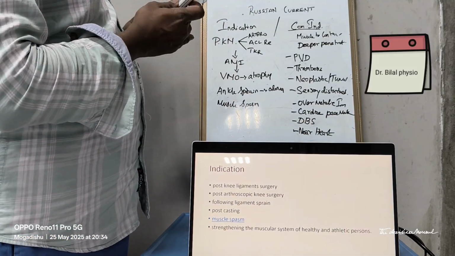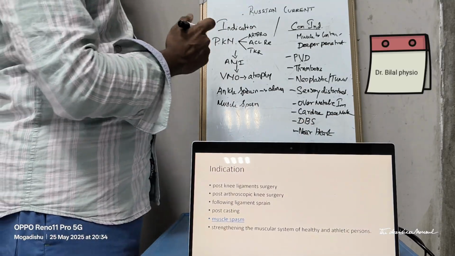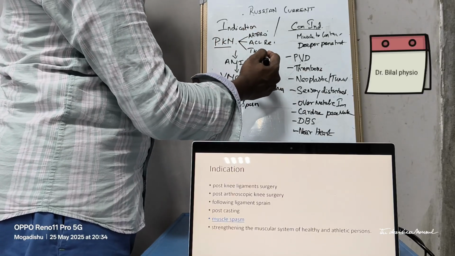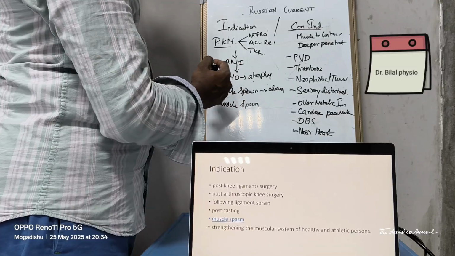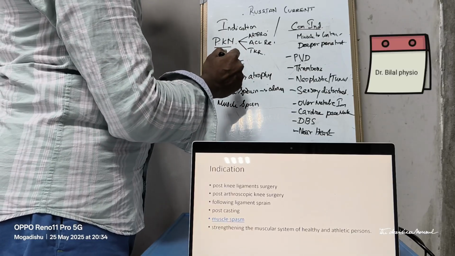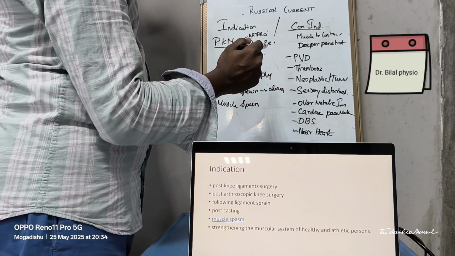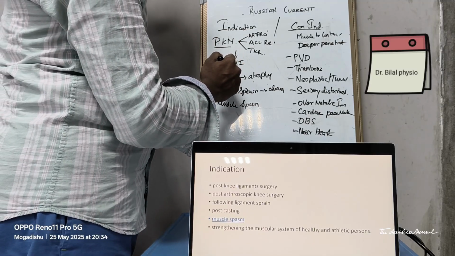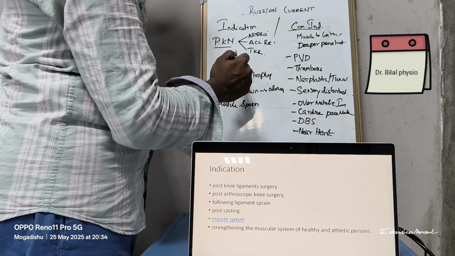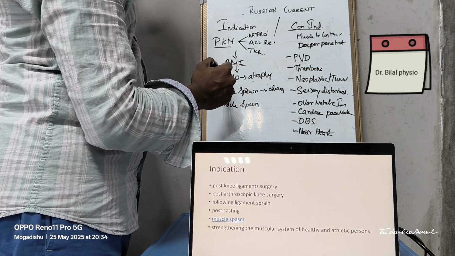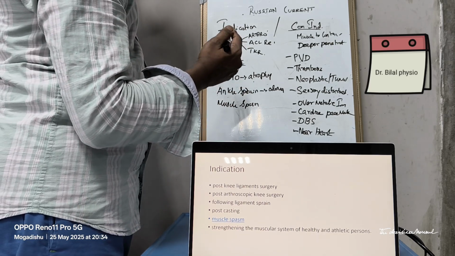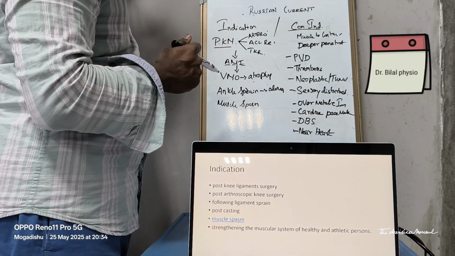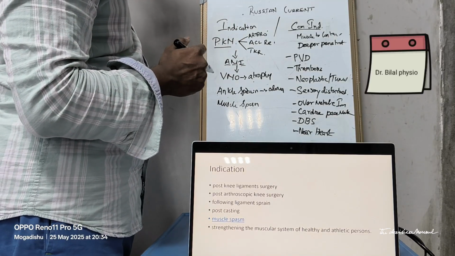So these are all the indications and contraindications. Indications may be post-knee surgical conditions like arthroscopic ACL rehabilitation patients, total knee replacement. In these patients, if the orthopedician or the physician does not refer for early physiotherapy, it may cause arthrogenic muscle inhibition, which is nothing but an atrophy of a muscle, which is a normal neural phenomenon commonly present in our body, which may cause further damage.